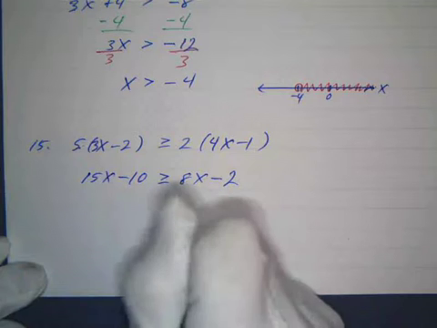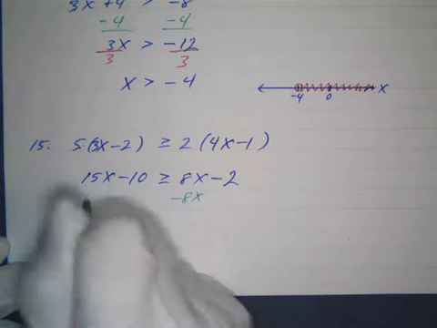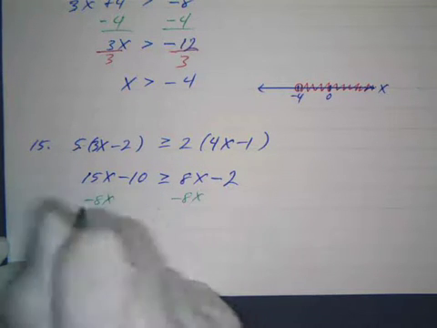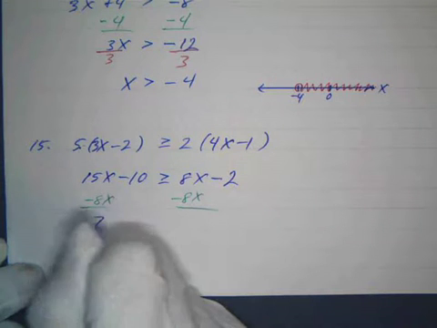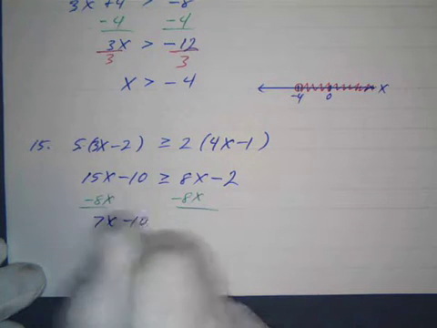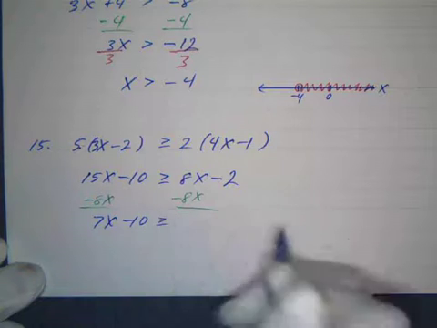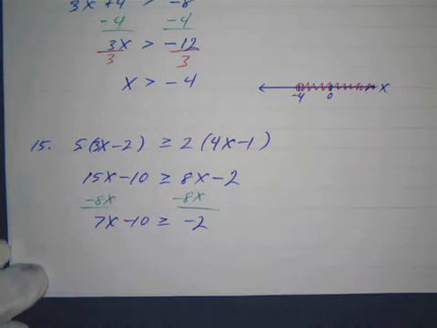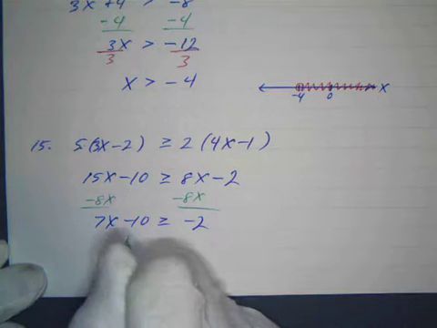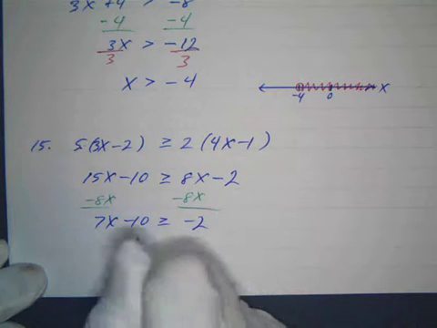Then I'll subtract 8x from both sides to get all my x's on the same side. And I have 7x on the left minus 10 is greater than or equal to negative 2. Then I can add 10 to both sides.